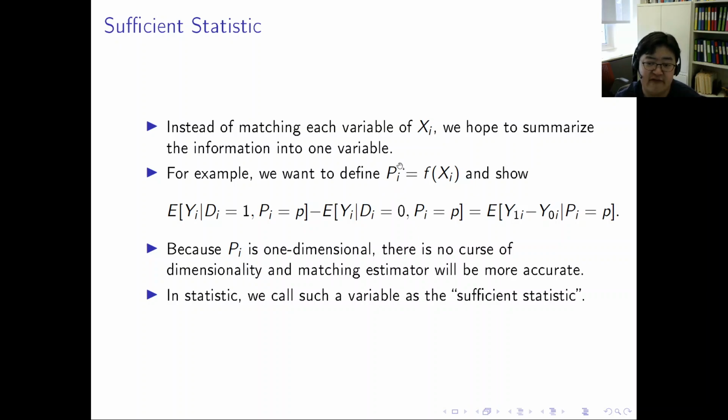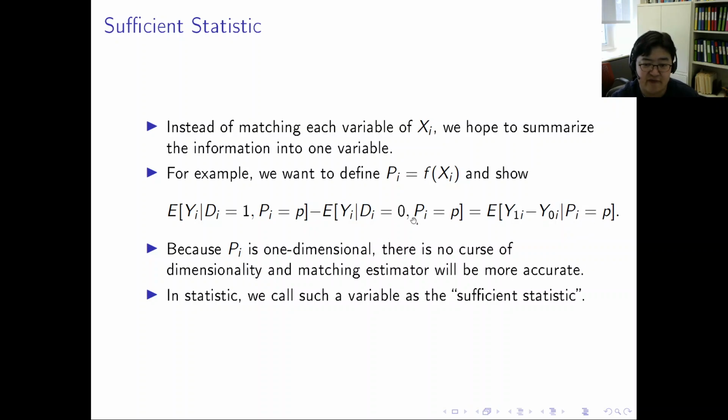So if you can define something like this, we hope this variable to satisfy this formula. Exactly, the left hand side is the matching estimator based on the new variable, and the right hand side is the average treatment effect based on the new variable.